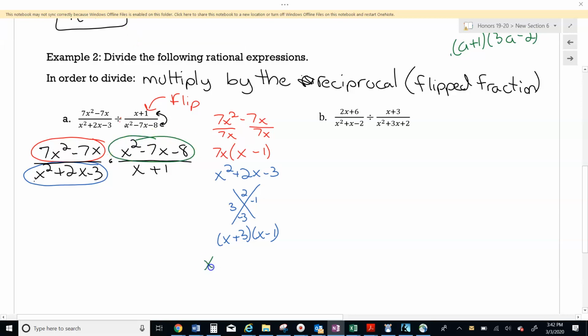Here I have x squared minus 7x minus 8. I'm going to add to negative 7, multiply to negative 8. That's negative 8 times 1.